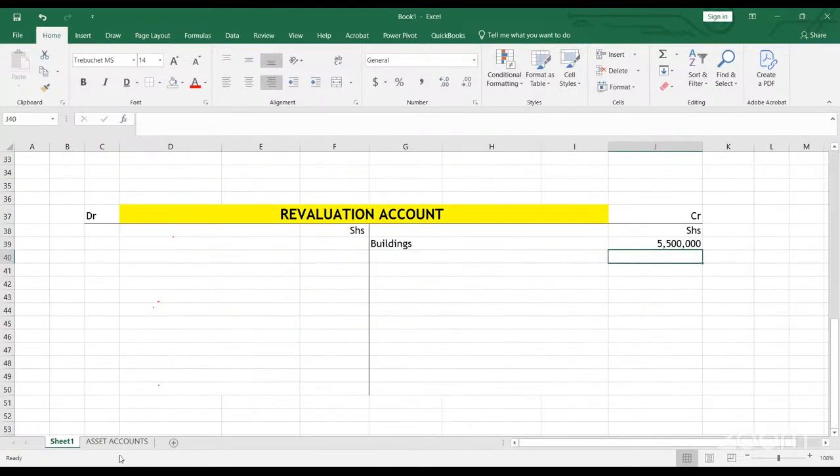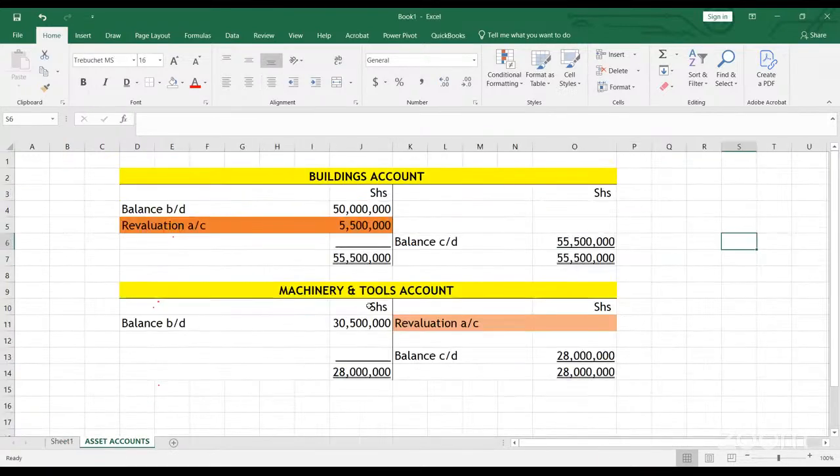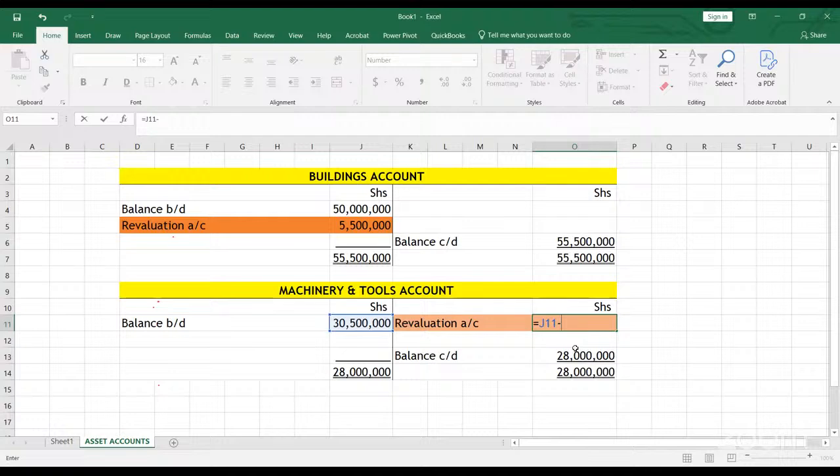Then the machinery and tools account, it's a loss. 30.5 minus, how much is the balance carried down? You said it's 28 millions. Yes, sir. So the totals should be 30.5.